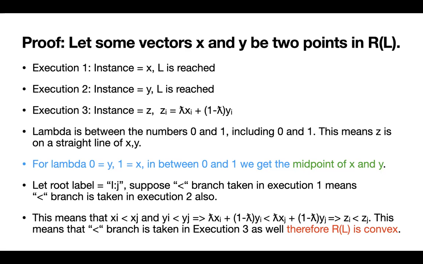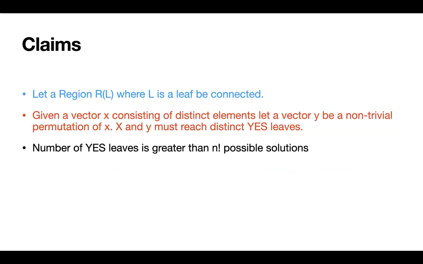That means that since we also have the less than branch taking execution 3, R of L is a convex region. So that proves our first claim.